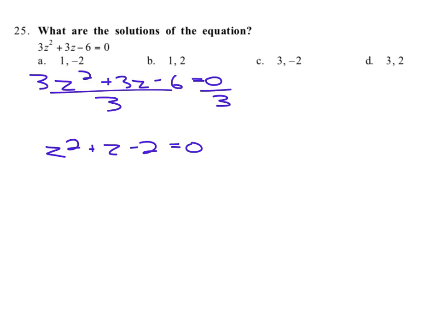The other method that you could have used, now that you can see that I did that, is this. I'm going to take that away for a second and say, we could have done as an intermediate step, let's factor out the 3. 3 parentheses, z squared plus z minus 2 equals 0, right? We're allowed to factor out a 3 and leave it out front.